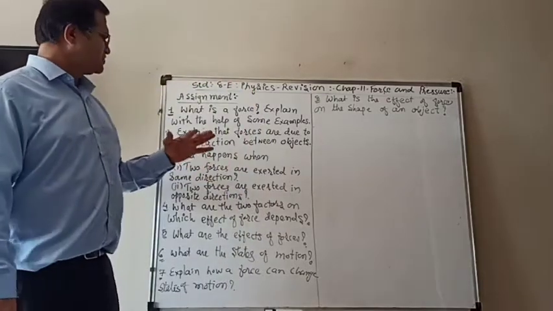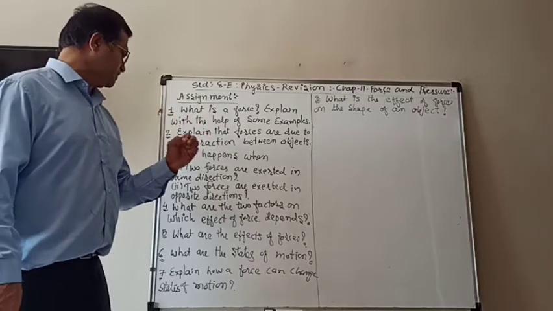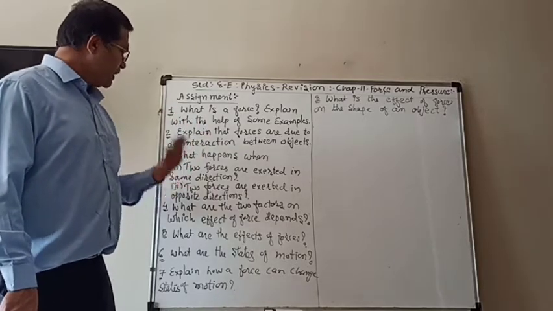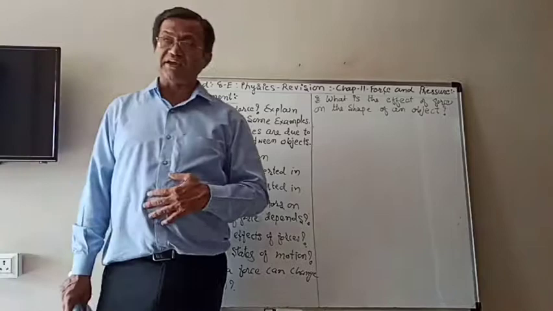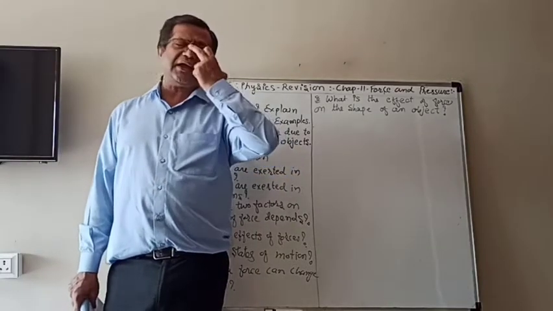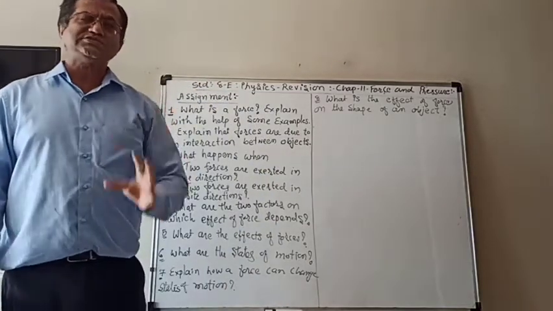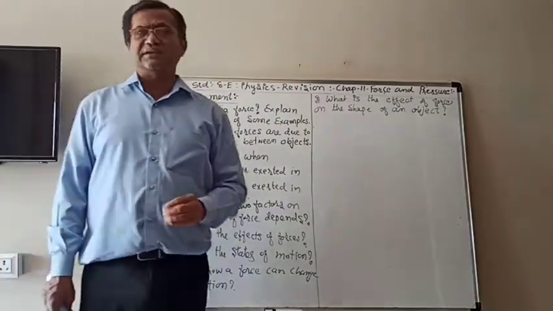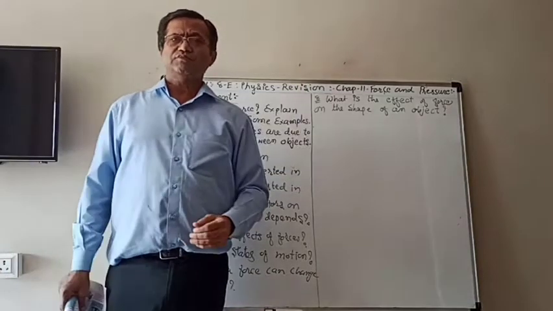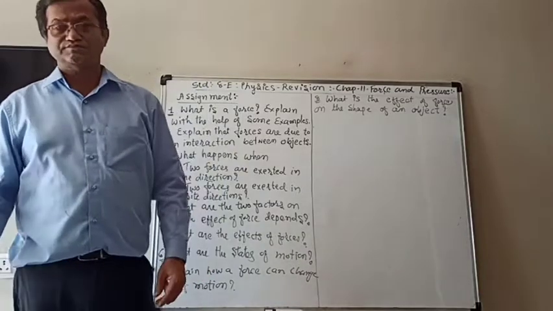Now the next question is: what happens when two forces are exerted in the same direction and in opposite directions? For that you can explain like this. You are trying to push a heavy object like a table or a cupboard or a big stone.